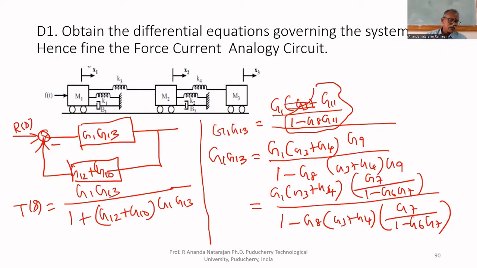If you simplify this, what you will get is these two, 1 minus G6 G7, can be cancelled.